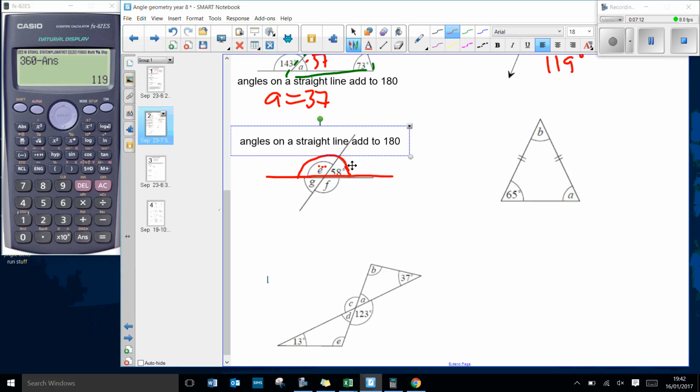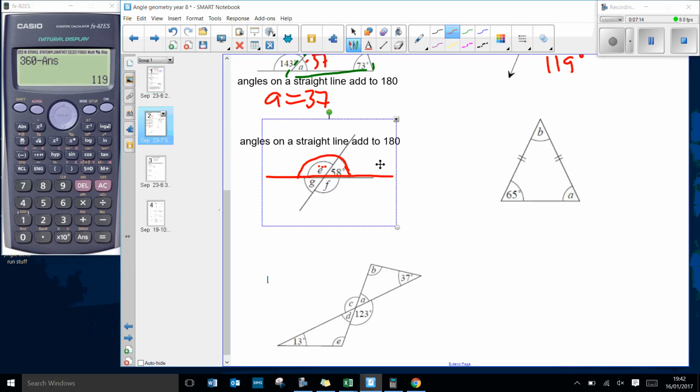So we'll now do our calculation. So we'll do 180 subtract 58 gives 122. So angle E is 122.